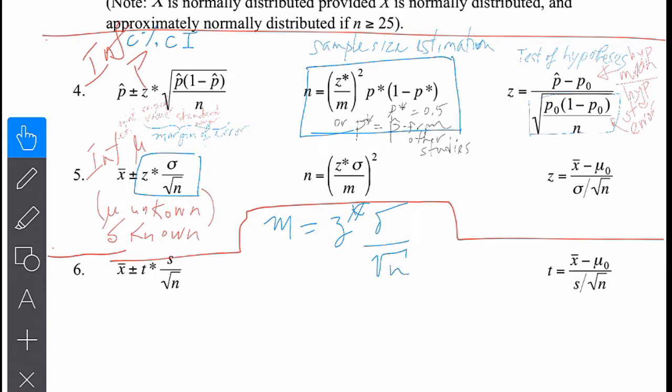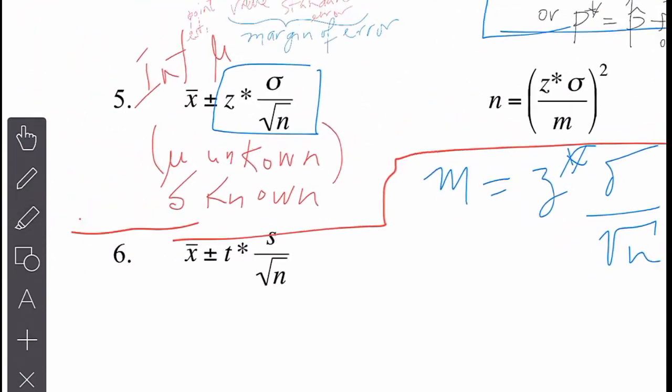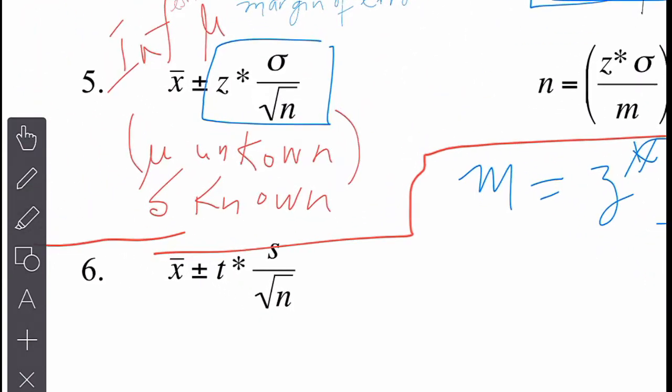So what we have to tackle now is inference for mu where sigma is unknown.